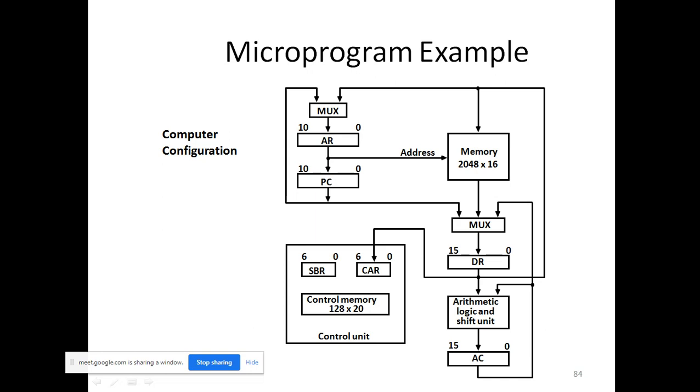Once again, I am repeating: it has two types of memories. One is main memory and the control unit consists of one control memory. This is the processor memory, that is the main memory, and here is one separate memory for the control unit.